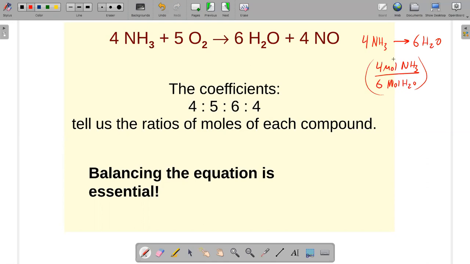That's a conversion factor. The numerator and denominator are equivalent to each other because for every 4 ammonias, you get 6 waters. Or you can also write that as 6 moles of water is equivalent to 4 moles of ammonia. So the coefficients in the chemical equation are the values that you can use to relate quantities of chemicals.